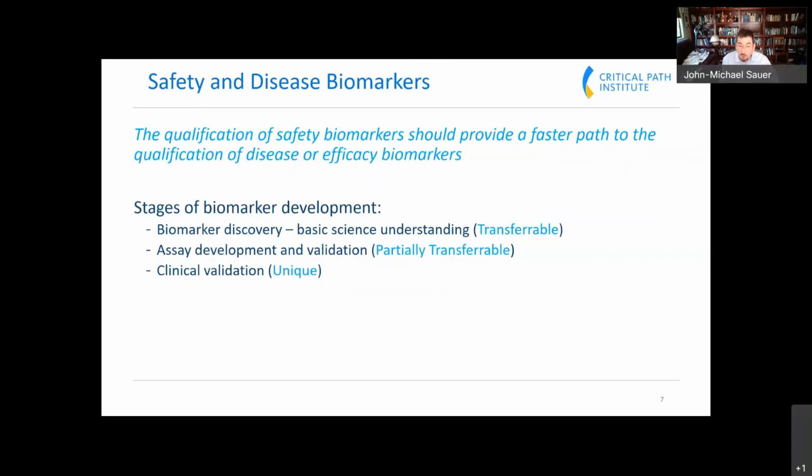If we're looking at normal healthy volunteers, that's one study population where we want to use that safety biomarker. But now if we move to patients with a disease, there we're going to have to understand how that disease population is going to respond according to that safety biomarker. So, again, conceptually not different thinking from what we've been talking about with biomarker qualification in general.